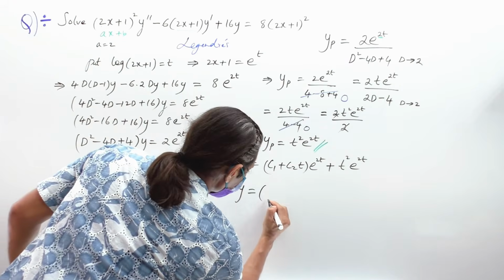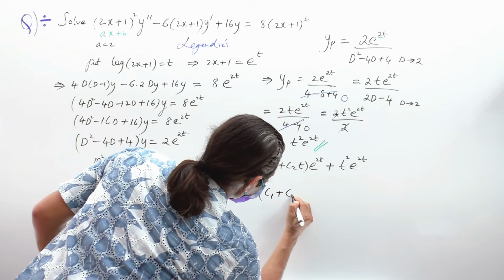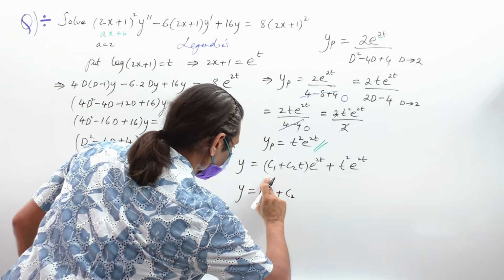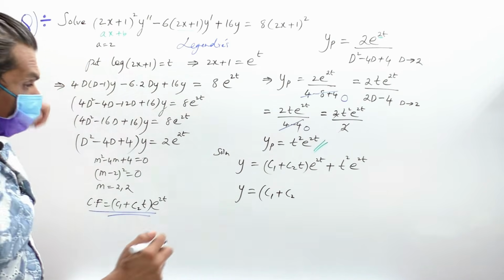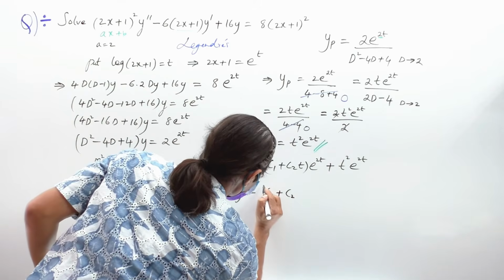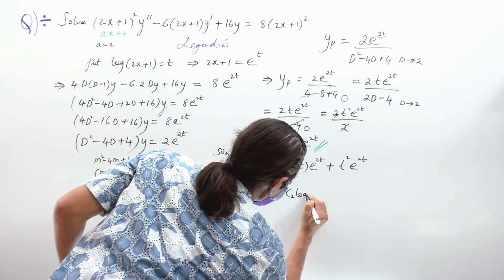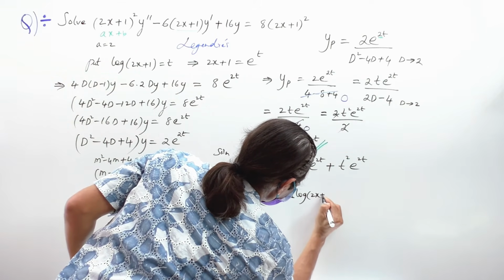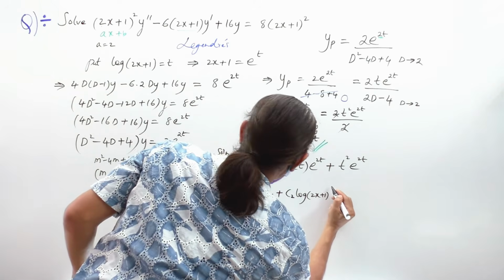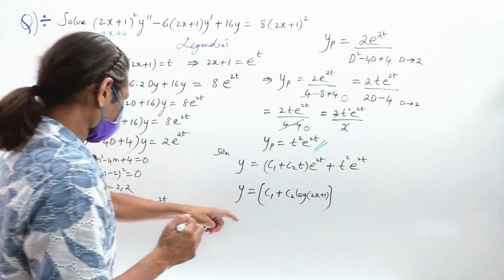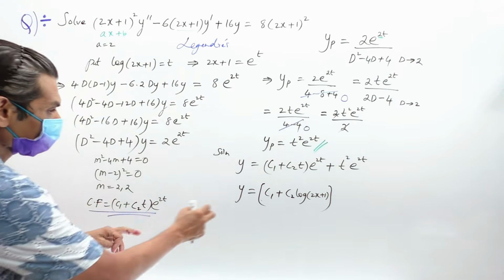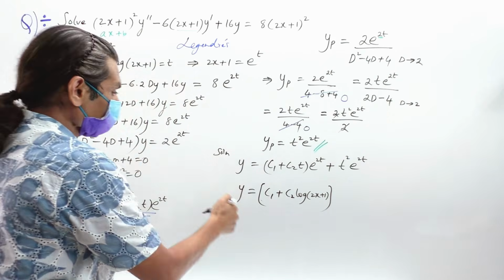As we assumed t, we will put back what is convenient here. See, first C1 plus C2 t. What is t? t is log of 2x plus 1. So write it like this, I'll put a square bracket: log of 2x plus 1. C1 plus C2 into log of 2x plus 1, into e raised to 2t.